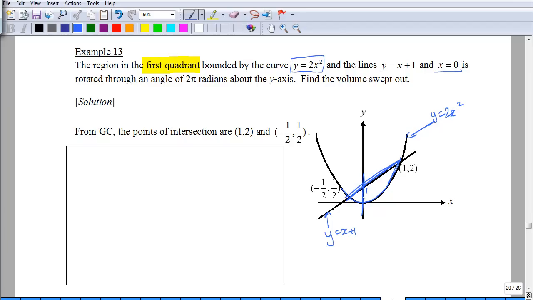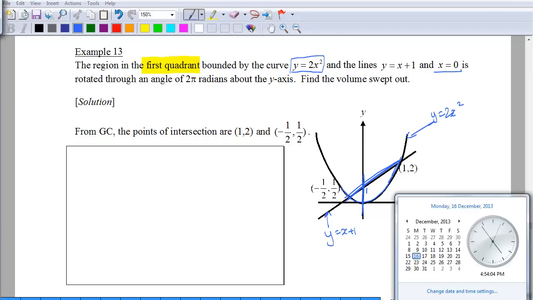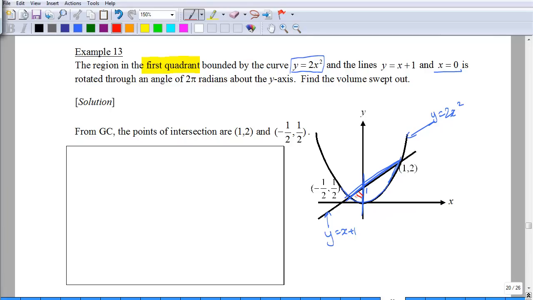So it looks like we can either have the red color region or the blue shaded region. Which one is it? Take note that the question says the region in the first quadrant.